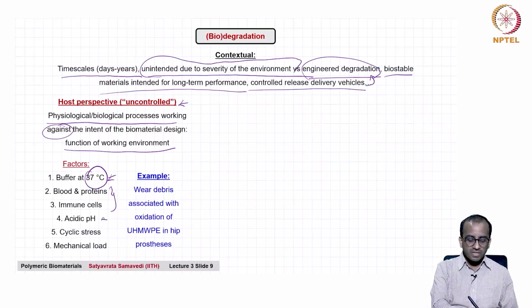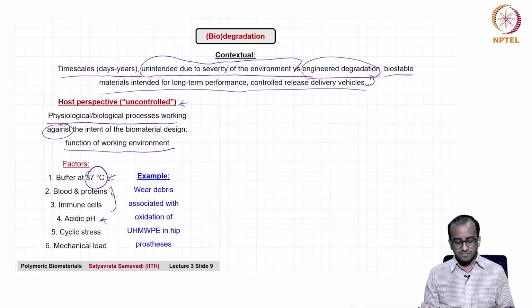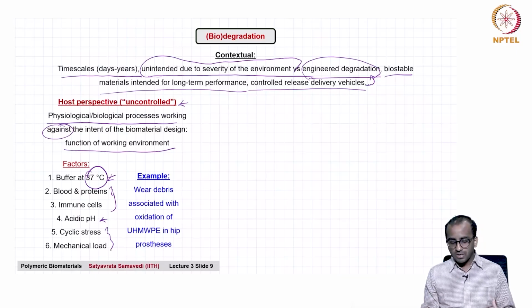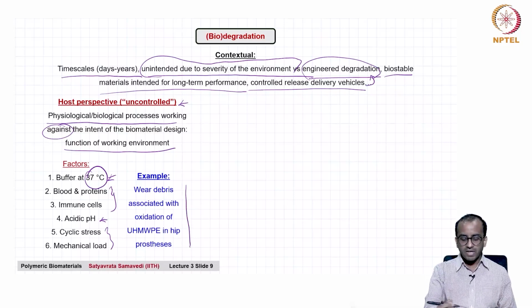You can also have acidic pH environments which can be hostile, and you can have cyclic stresses or heavy mechanical loads which can induce, not immediately, but over time, over repeated use, processes within the material that will eventually lead to implant failure. One example of that is wear debris that we already saw associated with the oxidation of ultra high molecular weight polyethylene in hip prostheses.